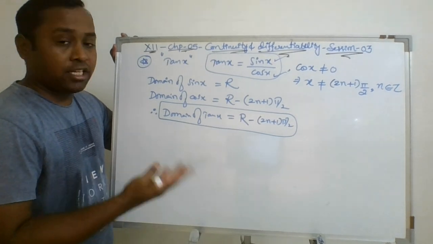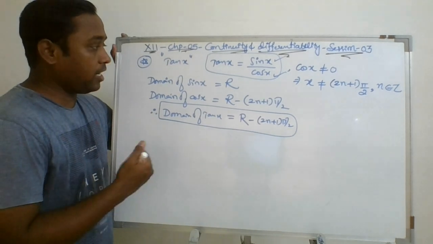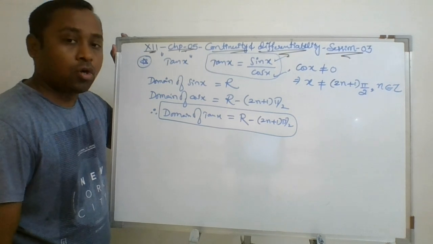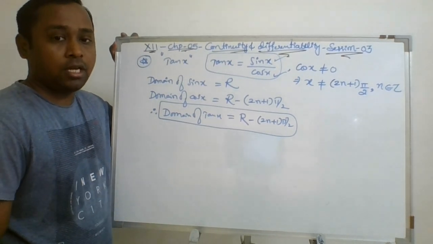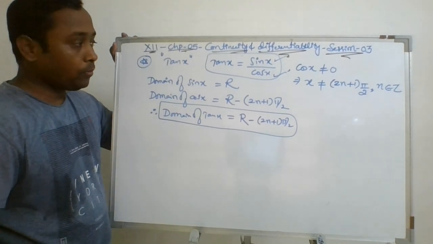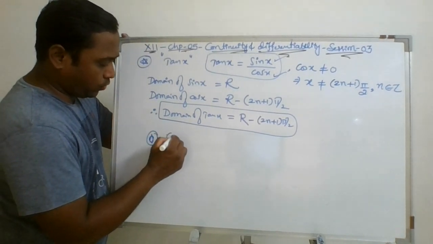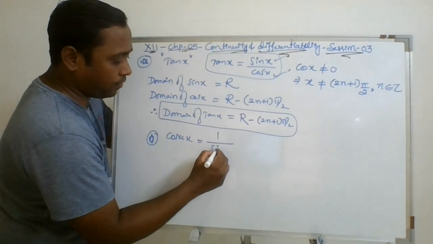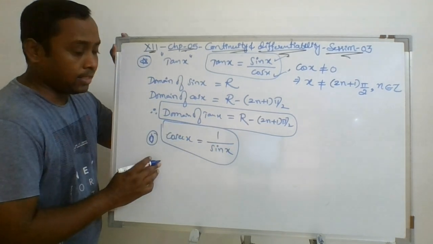So to prove any trigonometric ratio is continuous, we convert that trigonometric ratio into simple sin x and cos x language, so that you can use the algebra of functions to prove a function is continuous in its domain. Even if I want to prove the cosec x function, I can take it as the reciprocal function of sin x. So I can express cosec x as 1 by sin x.